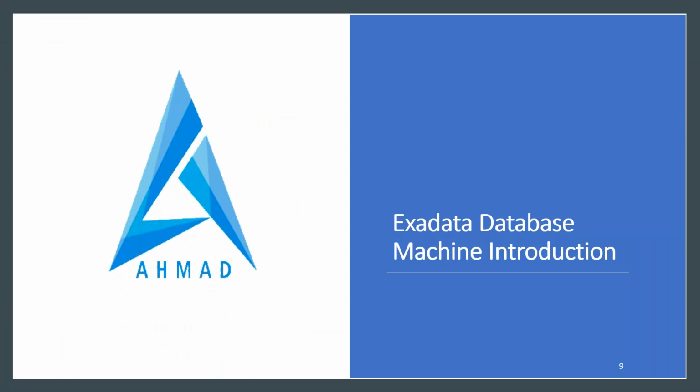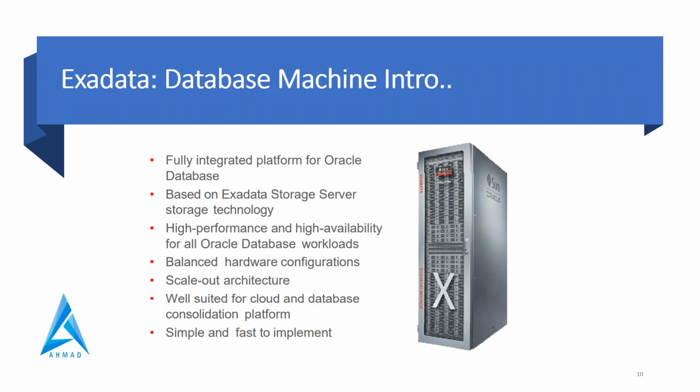Now come to the Exadata Database Machine introduction. Why is it called the Exadata Database Machine? Let's look into this. If you see this machine, this is a fully integrated platform for Oracle Database.